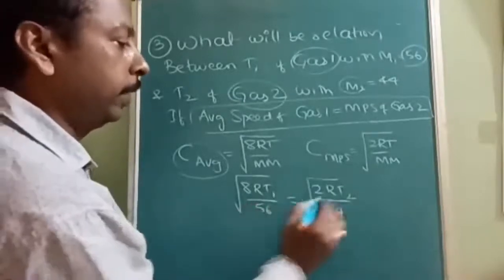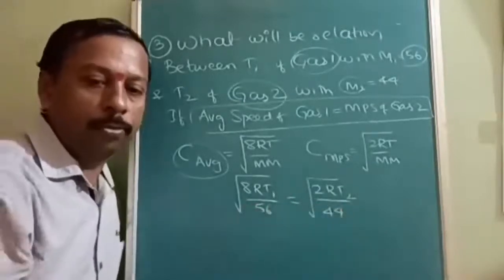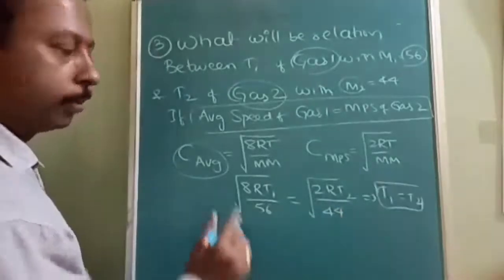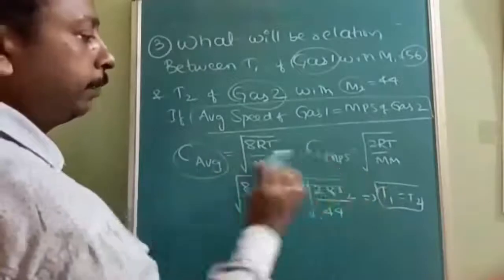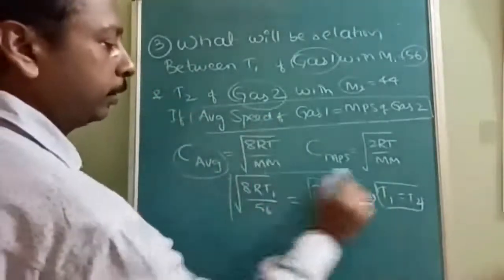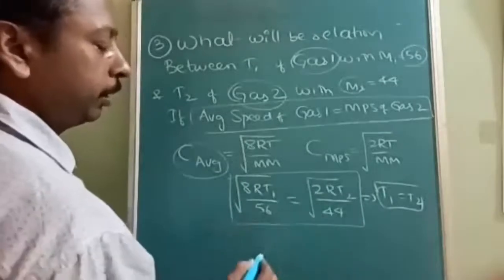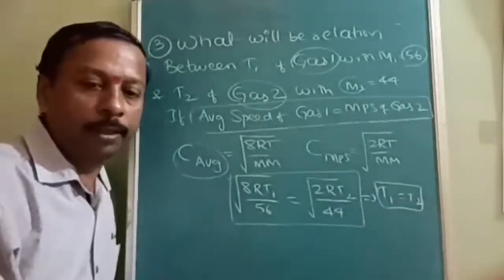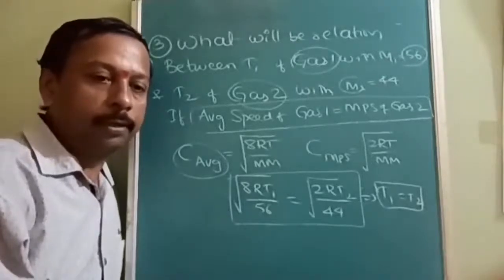We want the relation between T1 and T2. After equating both as per this condition, substituting molecular masses and simplifying, you will get T1 equals T2. What is the answer? T1 is equal to T2.